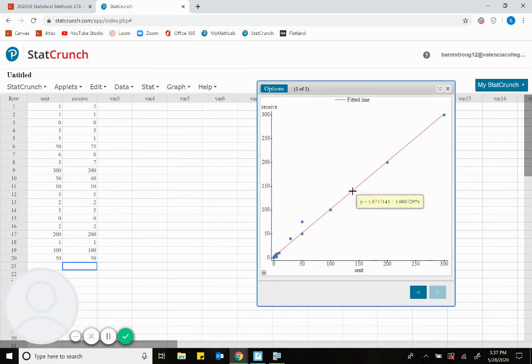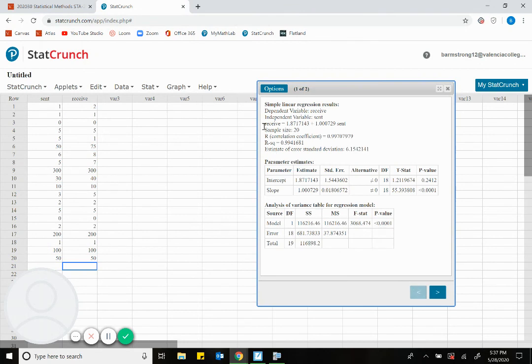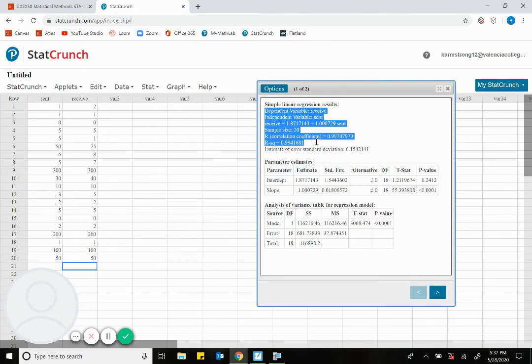If you hover over it, there's the equation. You just got to put in what the y and the x stand for. If you go back to this page, look right up here. All that information that you've seen before. Receive equals, there's those numbers, and sent. It's already there for you.